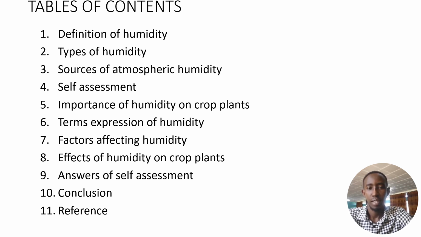Sixth is terms and expressions of humidity. Seventh is factors affecting humidity. Eighth is effect of humidity on crop plants. Ninth is answers of self-assessments. And the last one is the conclusion and references.